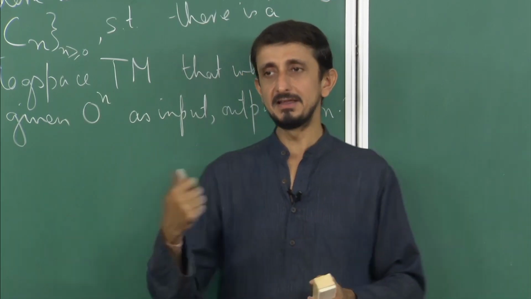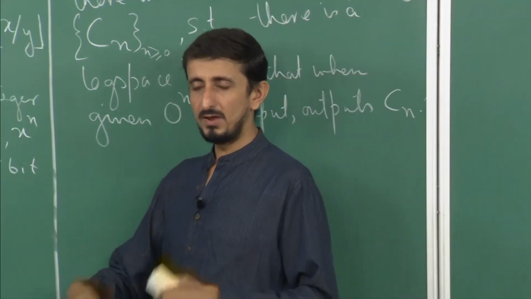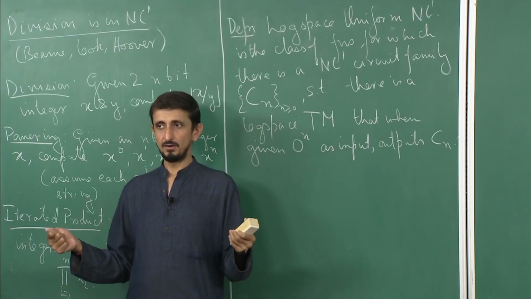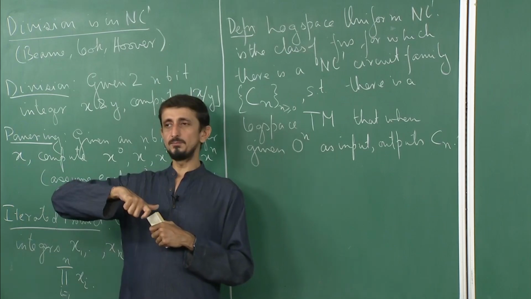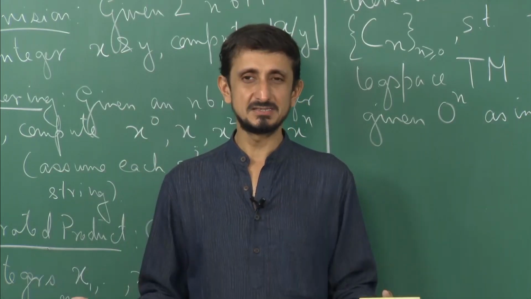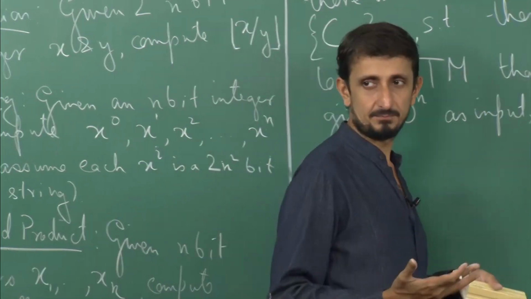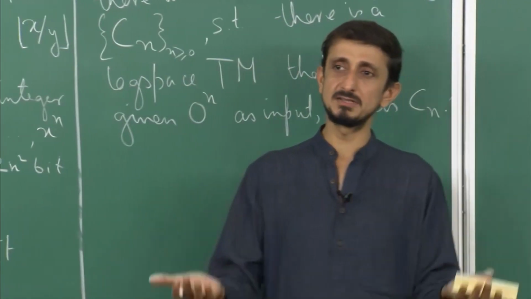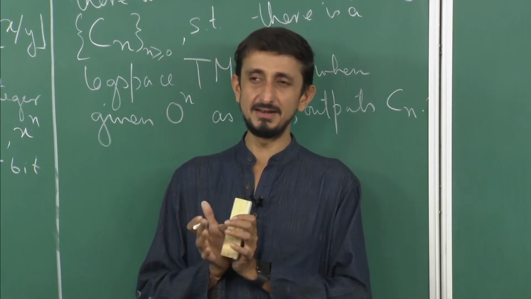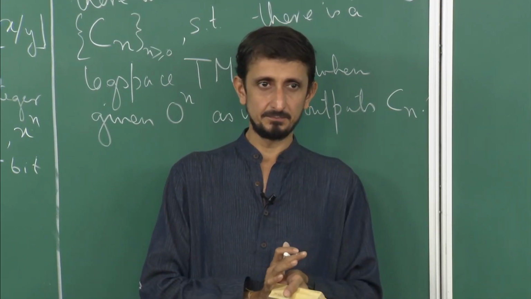Clearly the input tape will have size exactly equal to n. If I include the input tape in the space when I am counting my space, that is not fair, because in your actual computation you might need much less space.